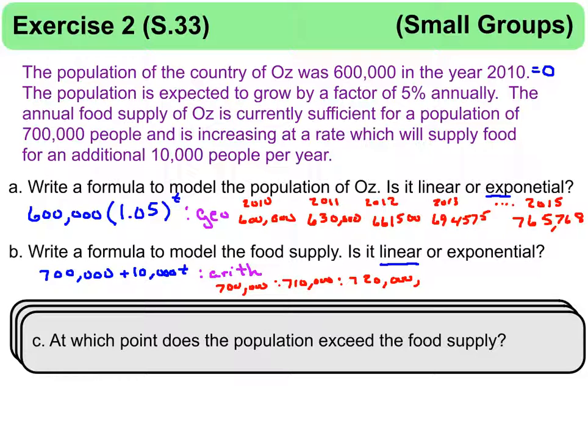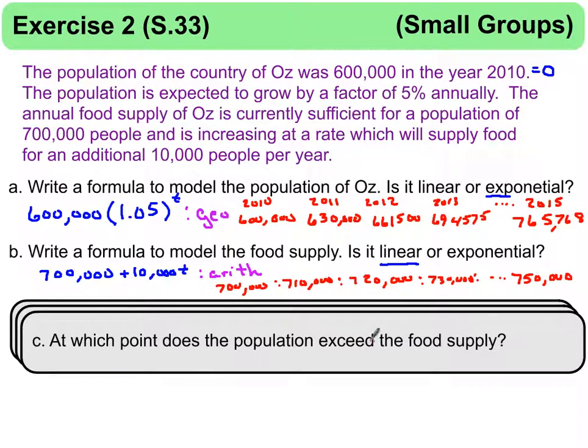If we go to the year 2013, that is 730,000. If we fast forward to the year 2015, that means 2014 would have been 740. 2015 would have been 750,000. And that's the question we're trying to answer.